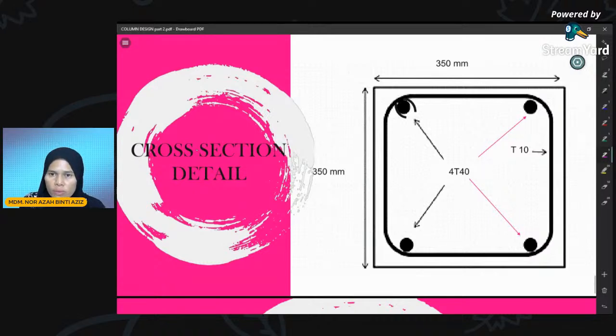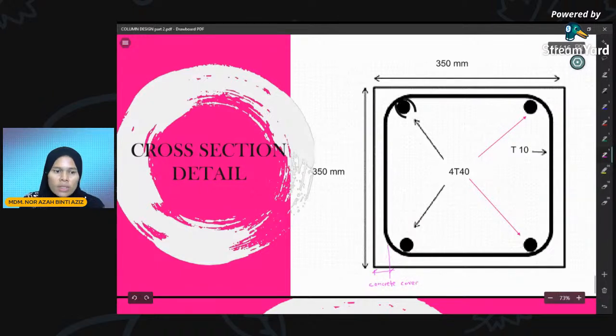Then you have 4 main bars. For the main bar, size is 40. Then we have the link here. Our link size is T10. And don't forget to make the link bend here. You can also label the concrete cover.